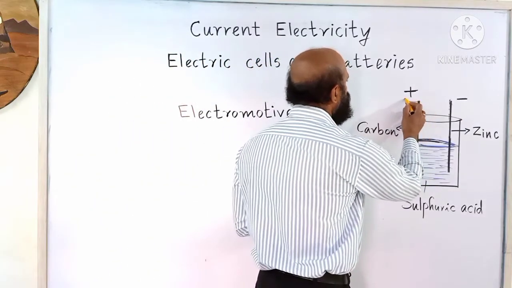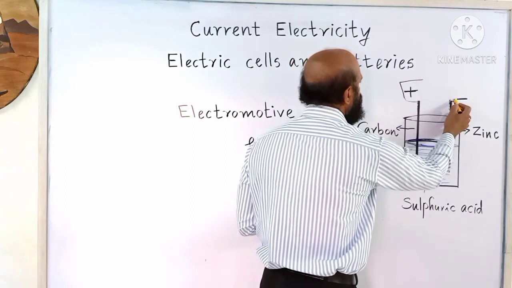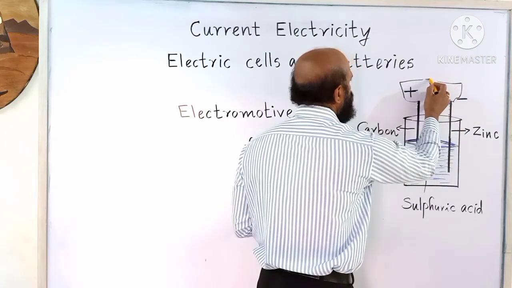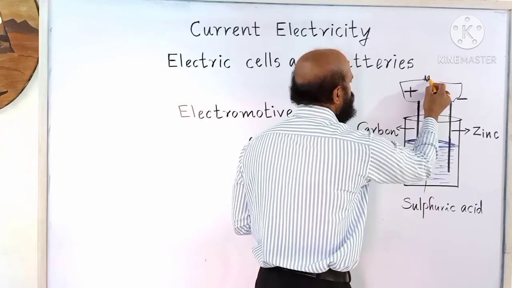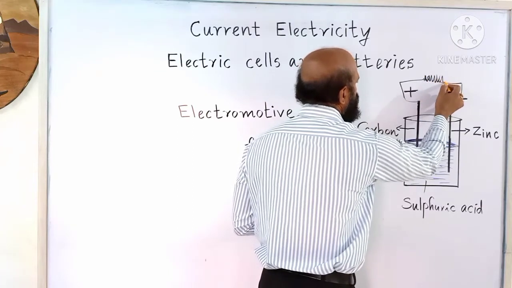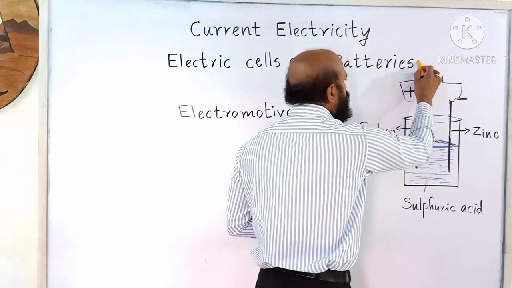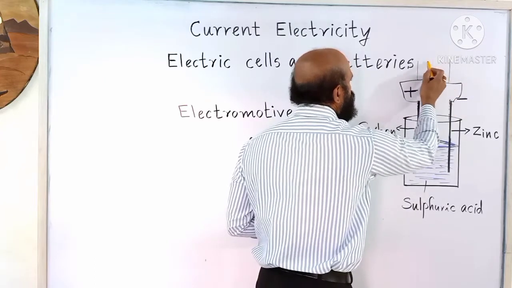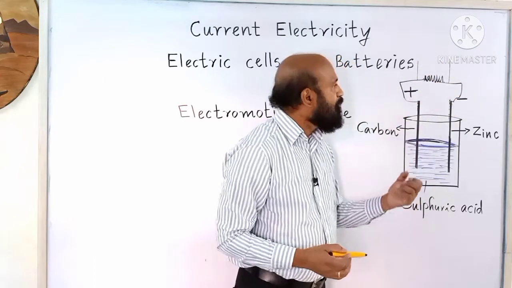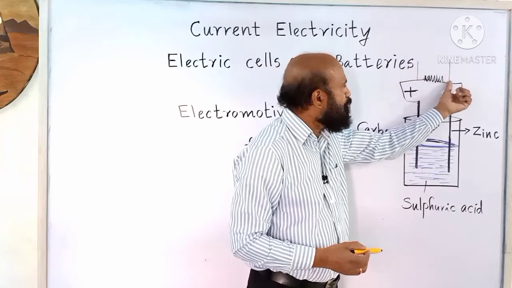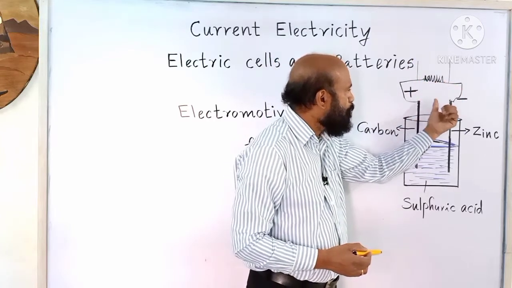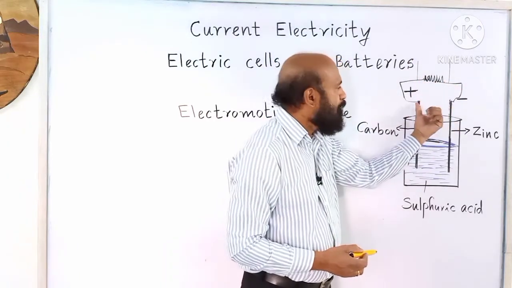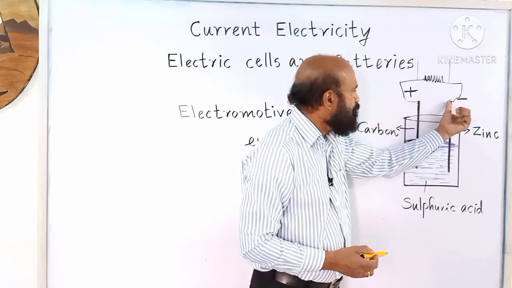If you connect this to an external circuit, for example a bulb, and then connect a voltmeter, it gives the potential difference. EMF is the potential difference when the cell is not sending current.